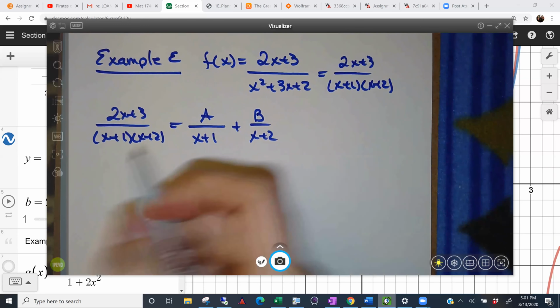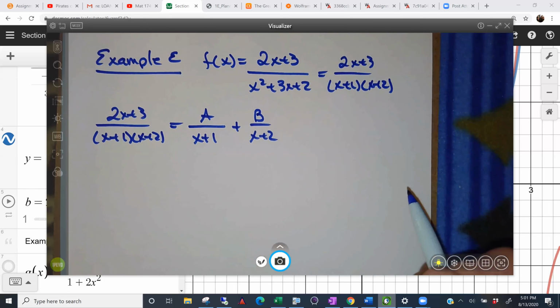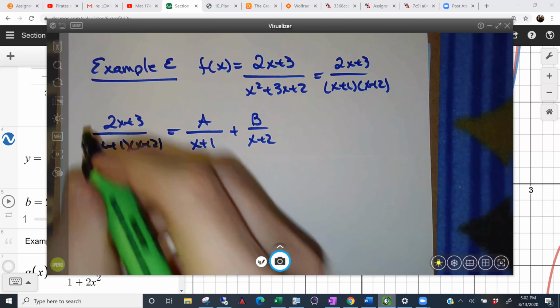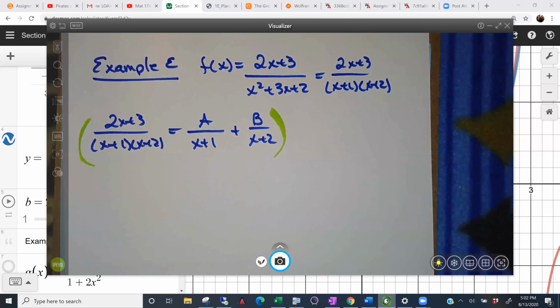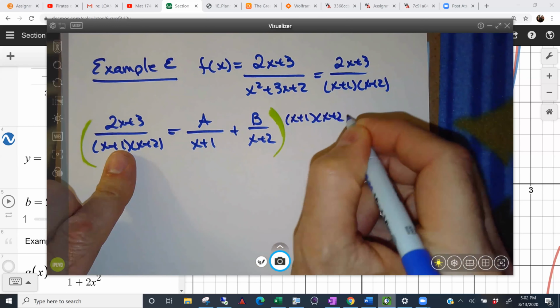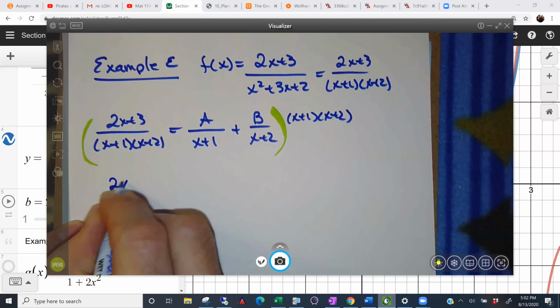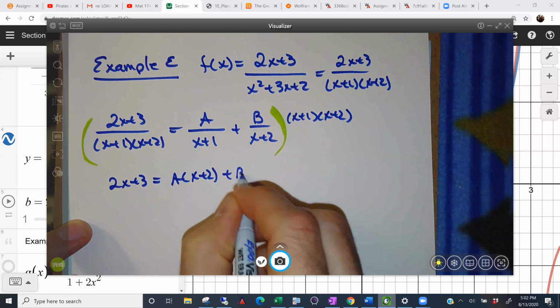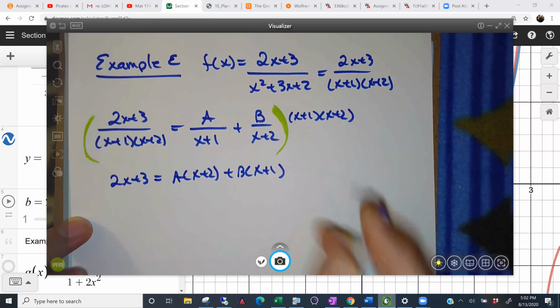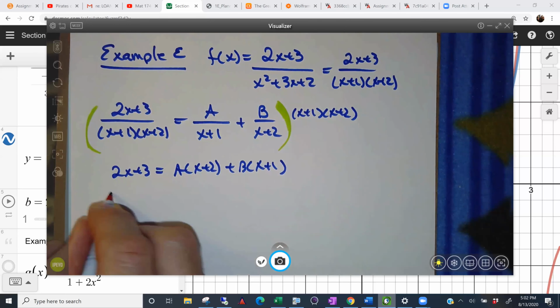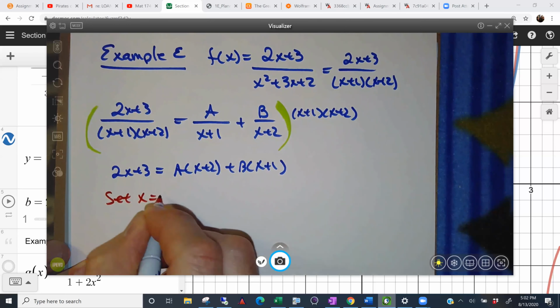Now, if you don't need to see this, you can fast forward to the happy ending. That's fine. If you were to multiply both sides of this by the LCD, and the LCD is just this denominator, x plus 1 times x plus 2, what you'll end up with is 2x plus 3 equals a times x plus 2 plus b times x plus 1. And then what I would do is, first of all, set x equal -2.